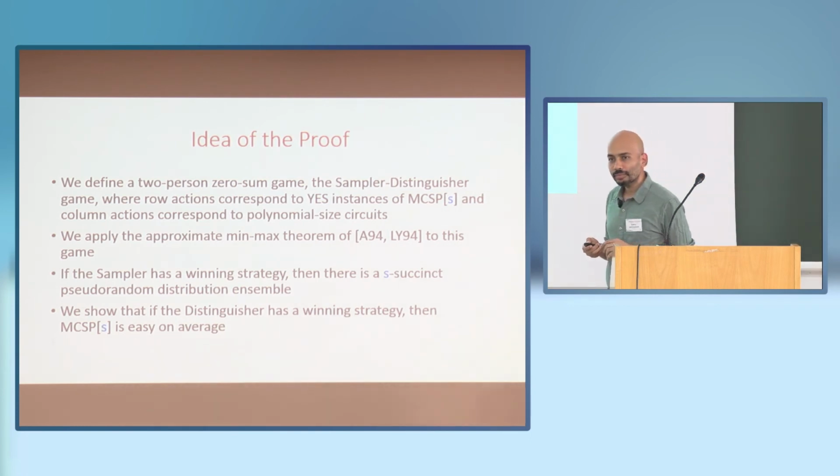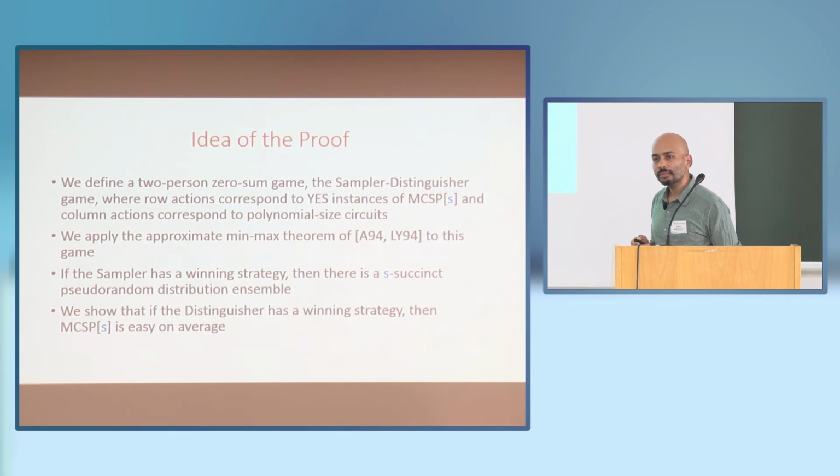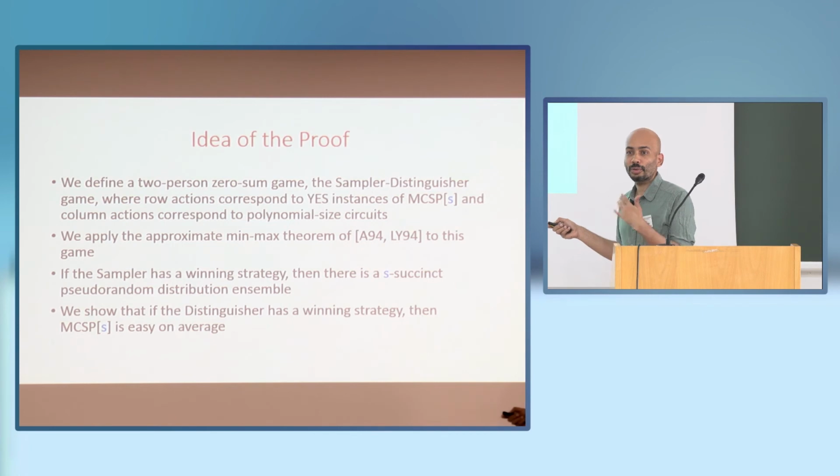So what you would need to get this pseudo-random ensemble is that MCSP is hard on average, even hard for circuits on average. Well, when we say hard on average or easy on average, we mean with respect to circuits, so our definition is itself with respect to circuits.